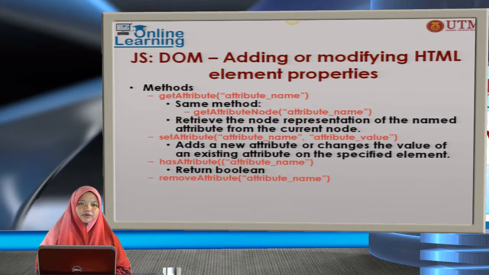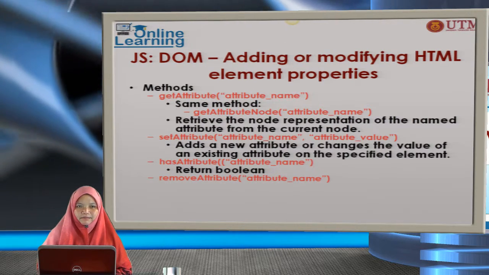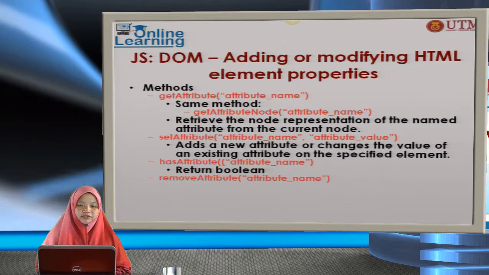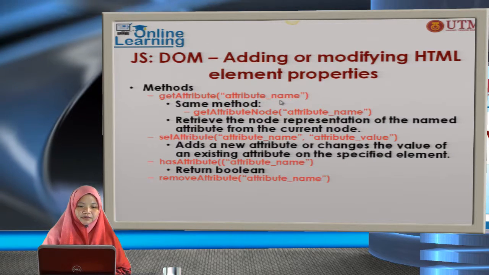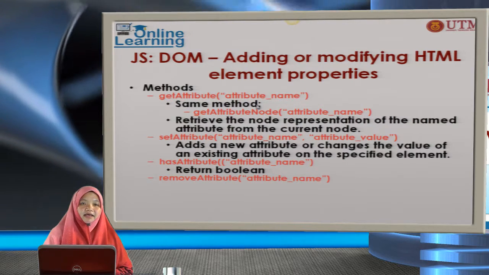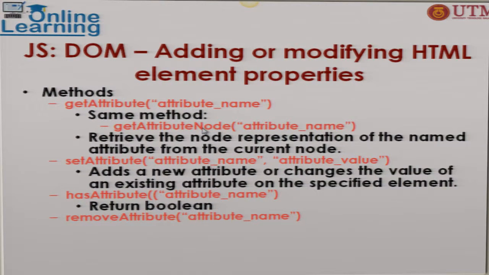Okay, another thing that you can do is modify your HTML element properties. So this is the method, right? You use getAttribute and give the attribute name, if you want to retrieve the node representation for the named attribute from the current node. Then setAttribute, giving the attribute name and the attribute value.